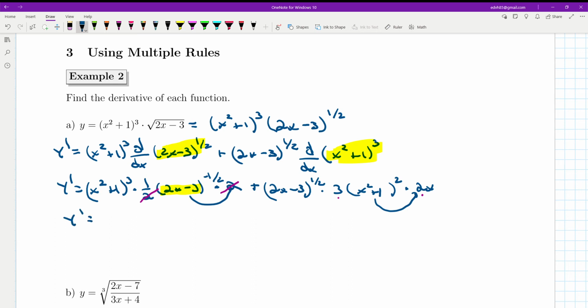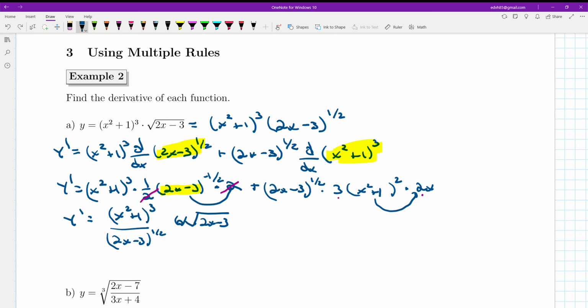So let's do one thing at a time. x squared plus 1 cubed over quantity 2x minus 3 to the 1/2, and we can start writing that as a radical, 2x minus 3, and times, I'm going to write this 6x in the front.